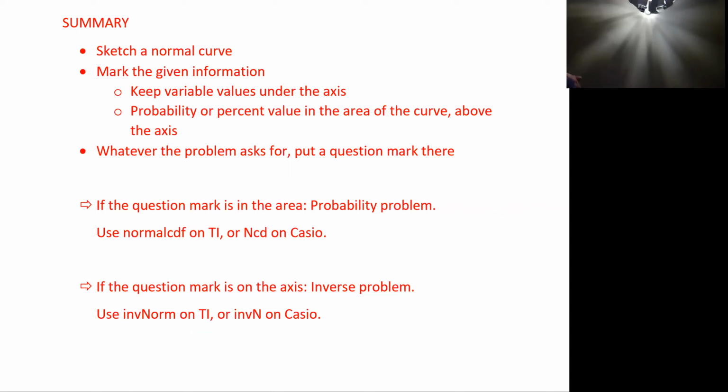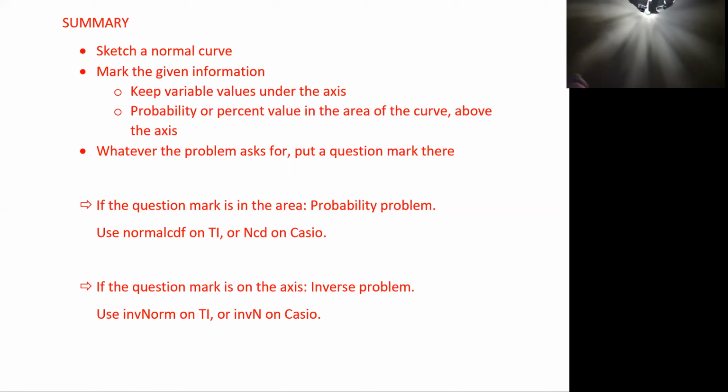And the rule is if the question mark is in the area, it's a probability problem because I'm being asked for a probability. If the question mark is on the axis, on the number line, then that makes it an inverse problem. Okay, because it's opposite of all the probability problems we've been working on for the last chapter or 2.